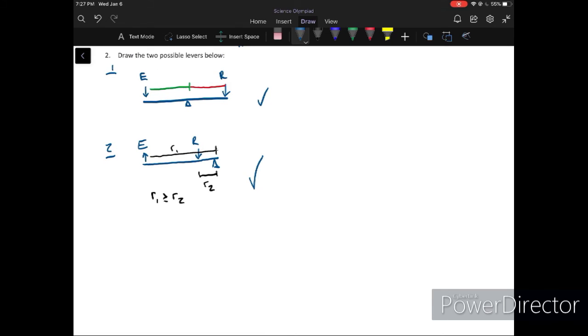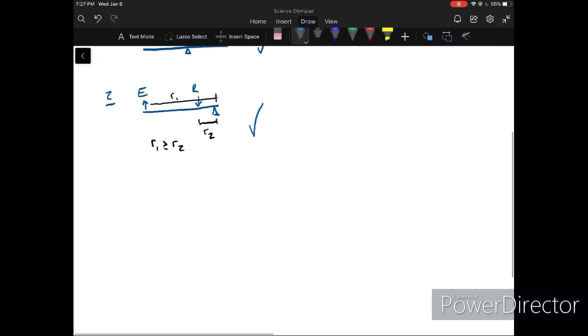Judging by the problem statement, you can see that the type 3 lever is probably not possible, but let's go ahead and look at why. In a type 3 lever, we know we have some kind of fulcrum here, along with your effort, some kind of resistance.